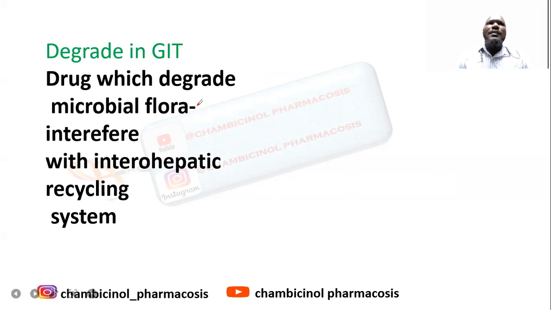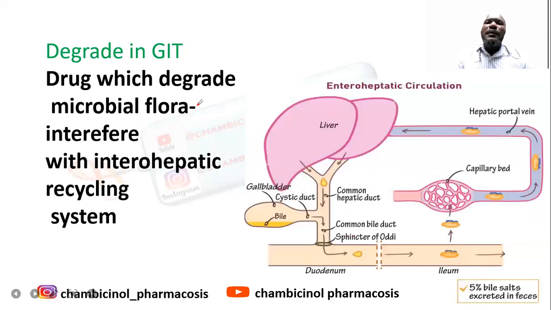In the gut, the microbial flora has a tendency to cause deconjugation of the drug, especially those drugs undergoing phase 2 metabolism, which is glucuronide conjugation, and which undergo the enterohepatic recycling system. In this process, the bacteria in the GIT cause deconjugation, and the glucuronide molecule will be excreted, while the drug will undergo absorption.